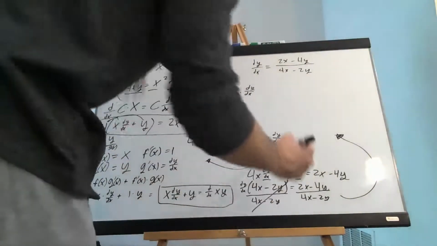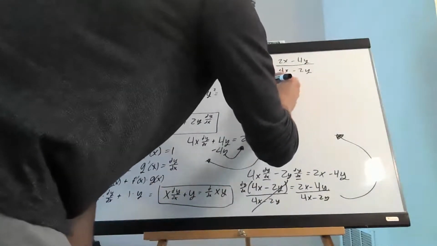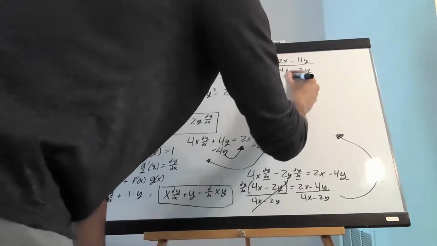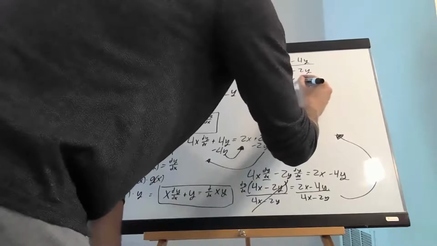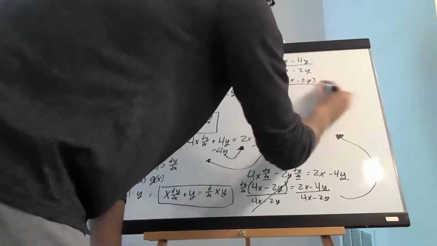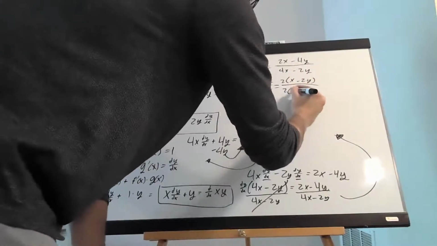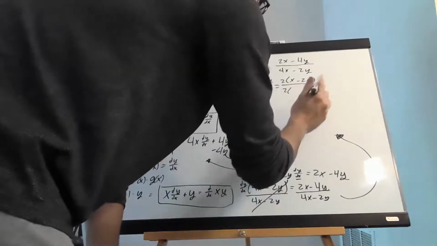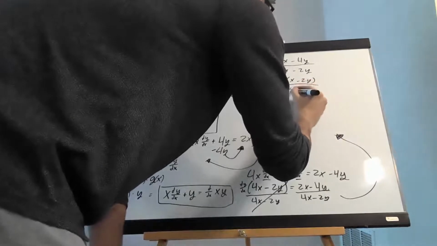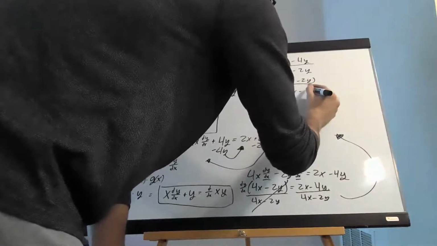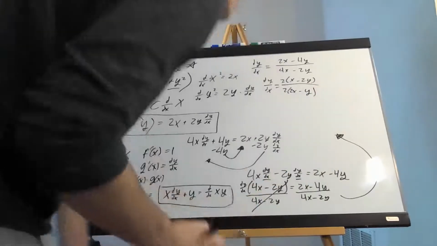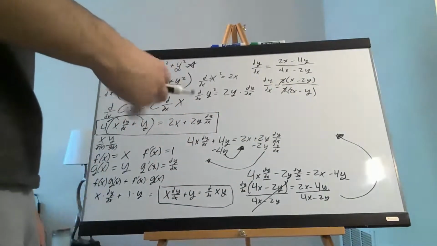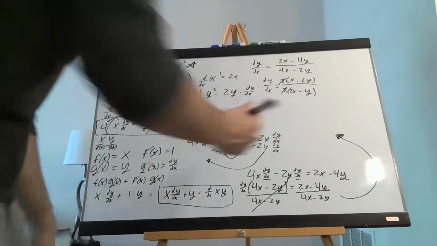And we can simplify this further, actually, because I don't like to be lazy. So factor out the 2 from the top and the bottom. That cancels there. x minus 2y, 2x minus y.